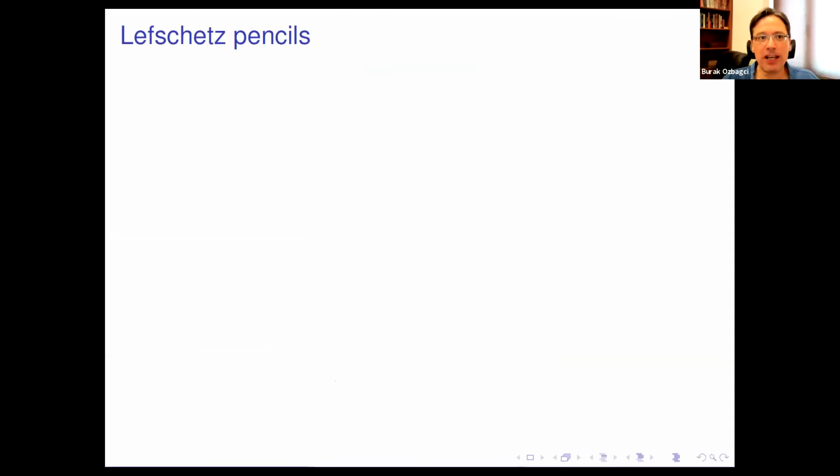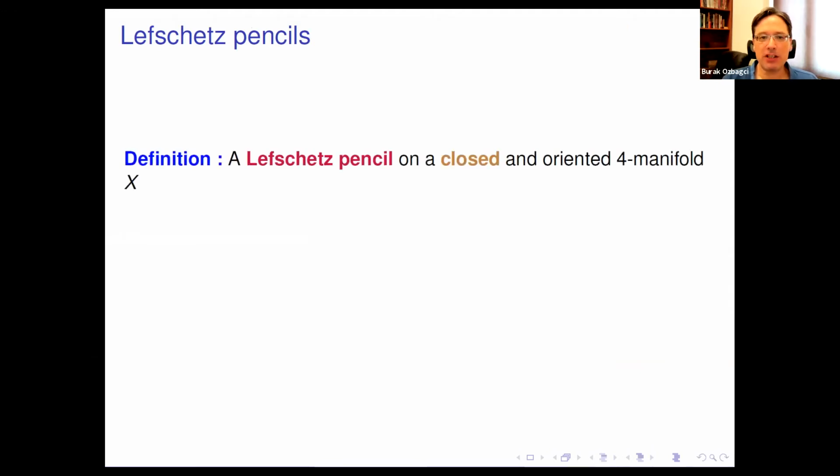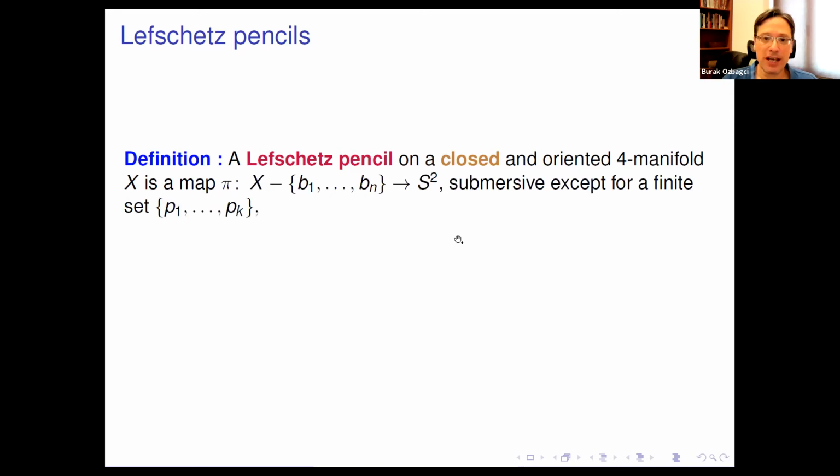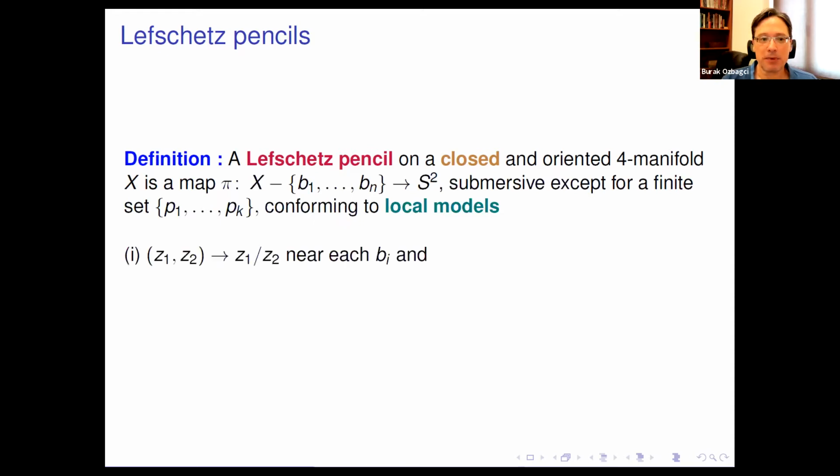Now let me briefly say what is a Lefschetz pencil. A Lefschetz pencil on a closed and oriented total space manifold X is a map from X minus a finite number of points, B1 up to Bn, which is called the base locus, onto S2, which is again submersive except for a finite set P1 up to Pk, conforming to local models.